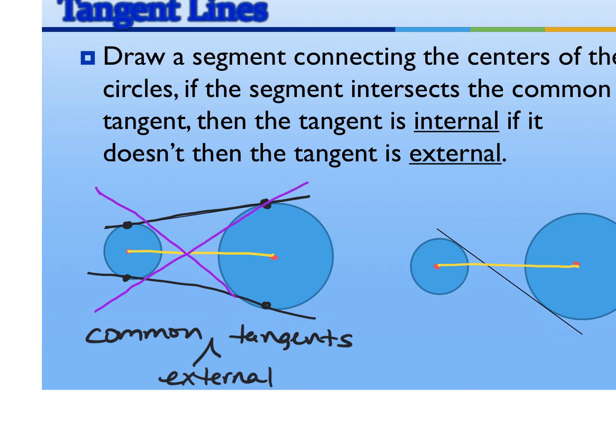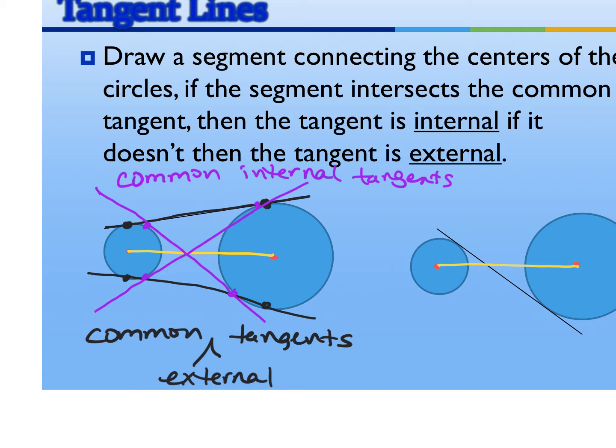So the 2 purple are 2 common internal tangents because they cross or intersect that yellow line. So these would be common internal tangents. I've just drawn 4 common tangents to these 2 circles, the 2 external and the 2 internal.